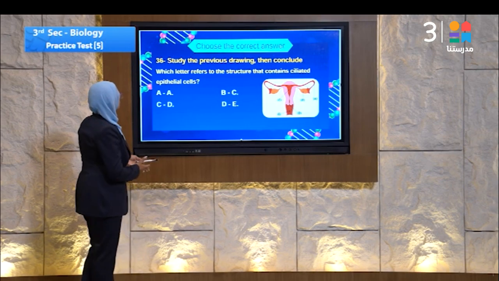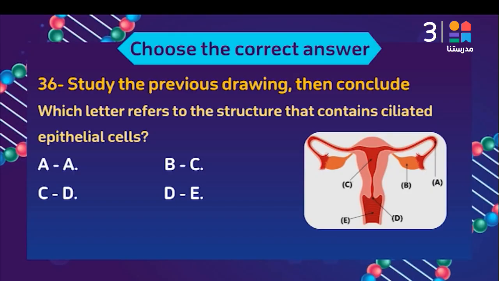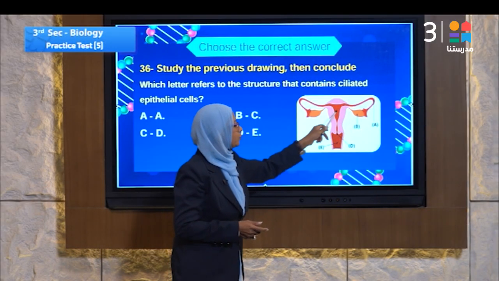Let's go to question number 36, reproduction again. Study the previous drawing, then conclude which letter refers to the structure that contains ciliated epithelial cells. Ciliated epithelial cells are the cells lining the fallopian funnel and the fallopian tube.